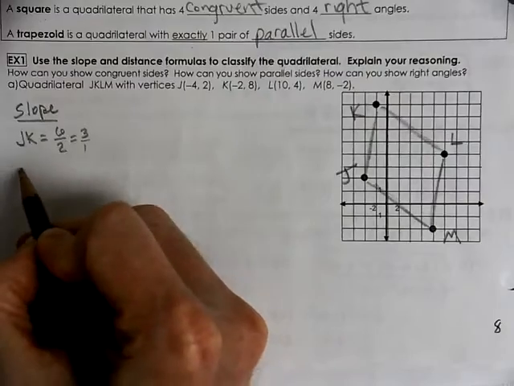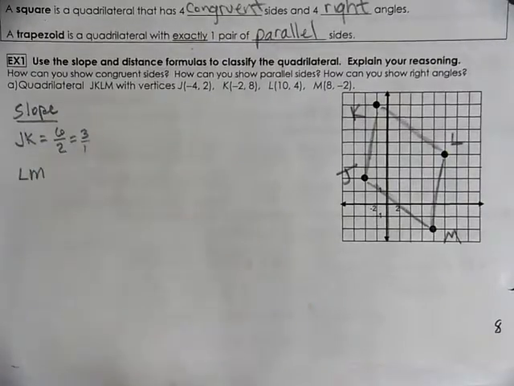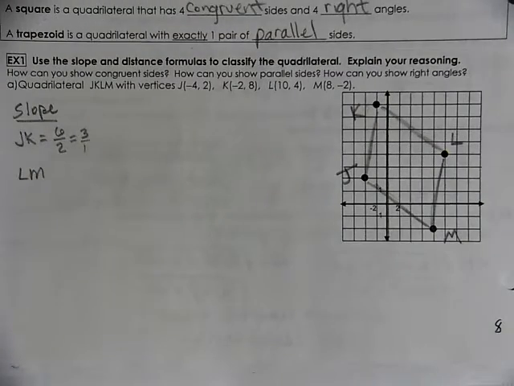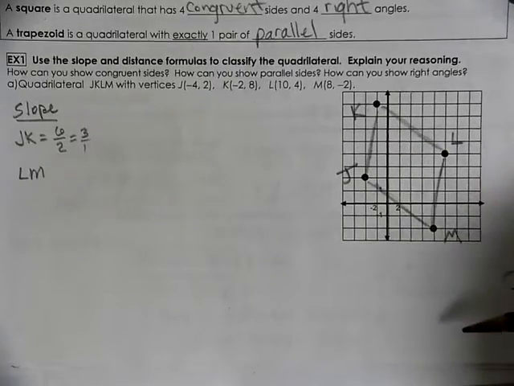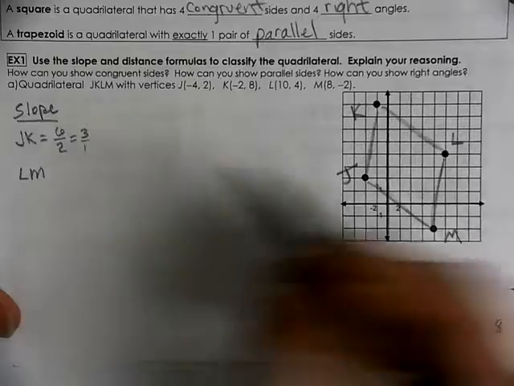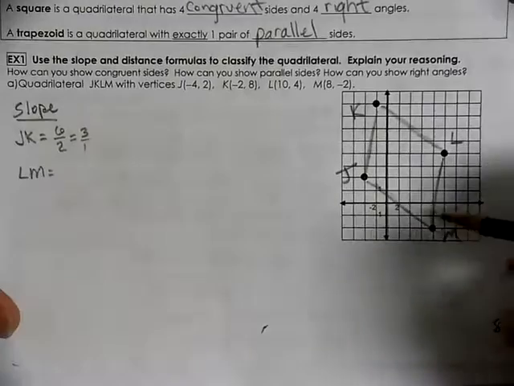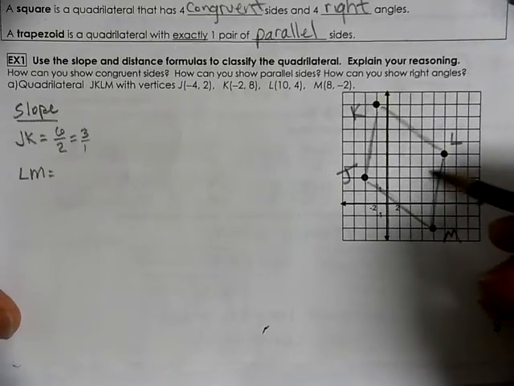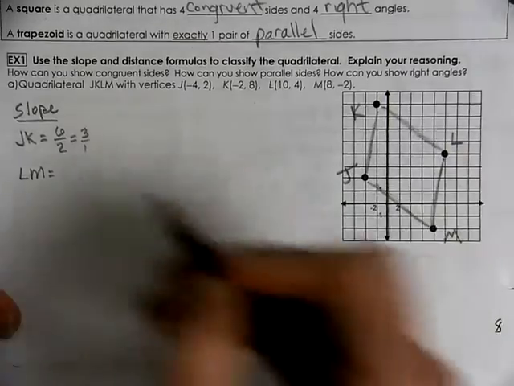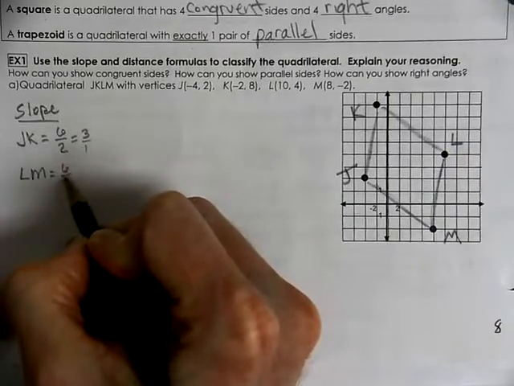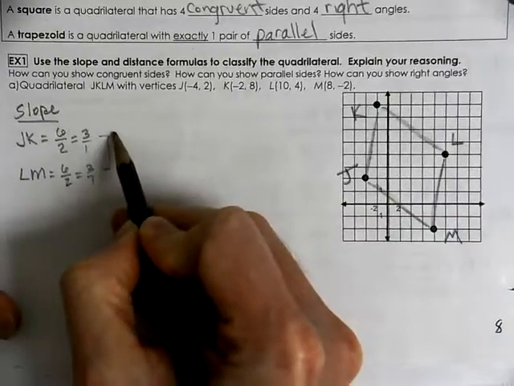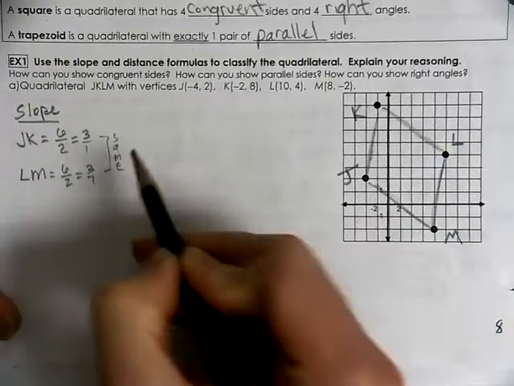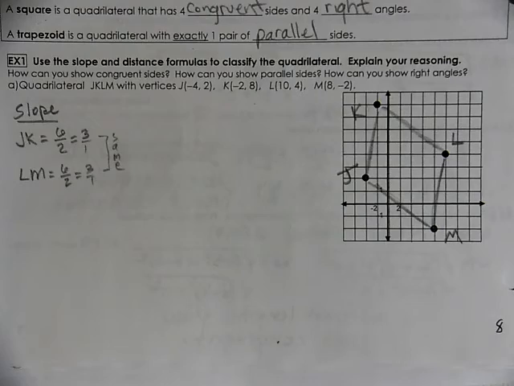LM. To determine if this is going to be a parallelogram, JK and LM need to have the same slope. So 1, 2, 3, 4, 5, 6 over 2. So that's the same.